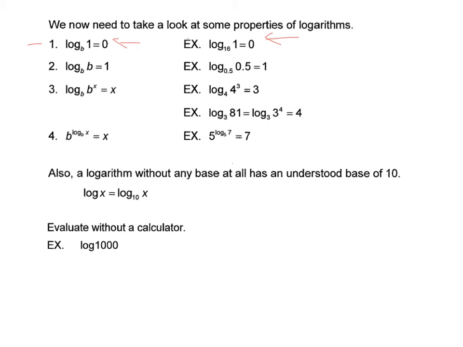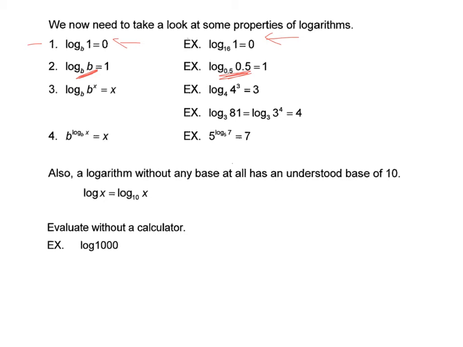Property number 2, log base b of b equals 1. If the little base and the number beside it are the same number, then the result is just 1. So for our example, log base 0.5 of 0.5, the little base and the number are the same, so it equals 1.